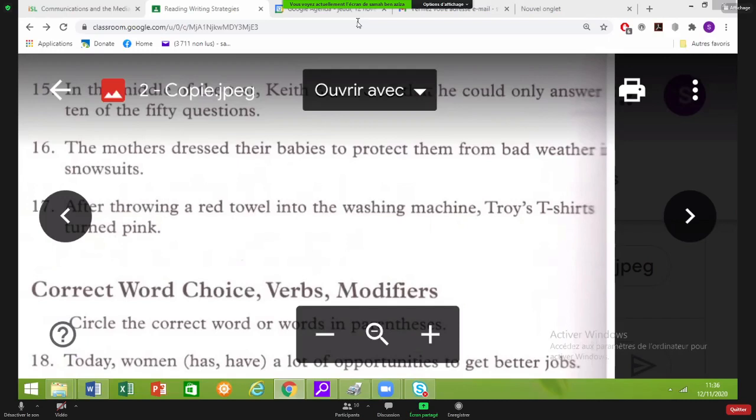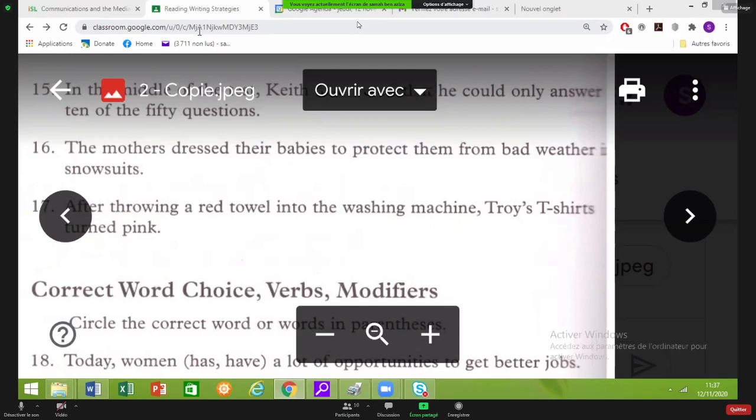In the middle of the test, Keith discovered that he could only answer 10 of the 50 questions. How can you fix this sentence? Misplaced. How? I think nothing. Keith discovered that he could only answer 10 of the 50 questions in the middle of the test.